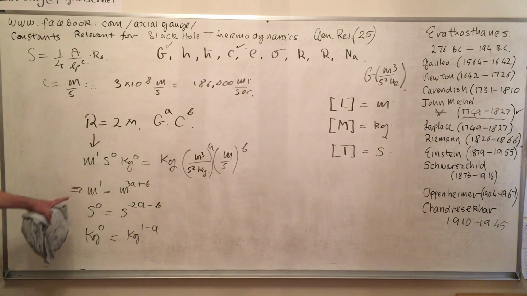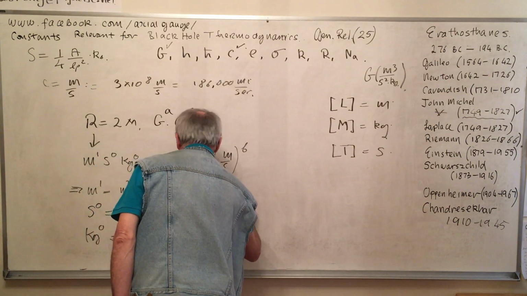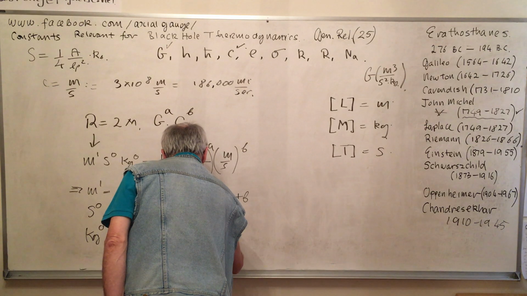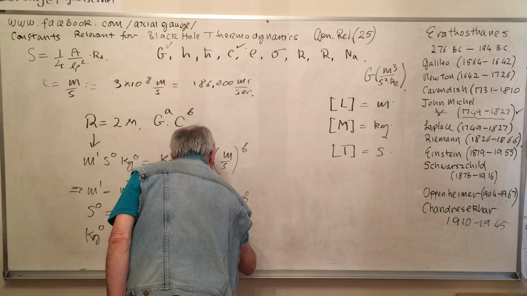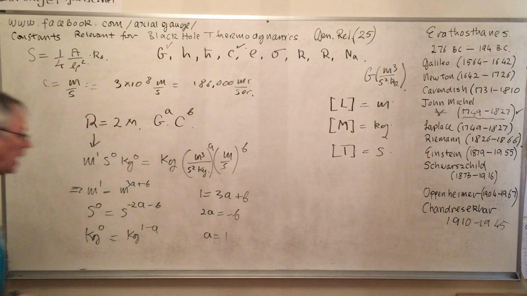So now from this we get dimensionally consistent equations. Well, it's very easy. A is going to be 1.